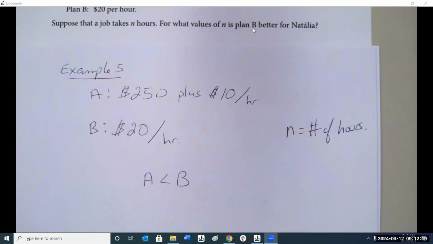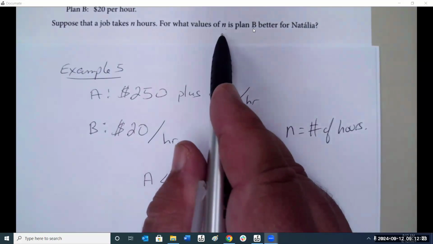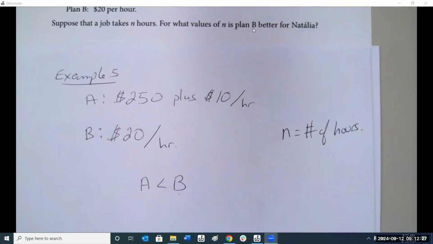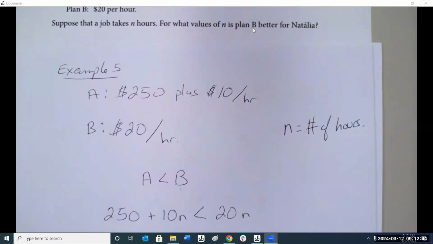Let's look at it this way. For what number n hours is B better? So what's the equation for A? 250 plus 10n is less than 20n, where n is the number of hours.